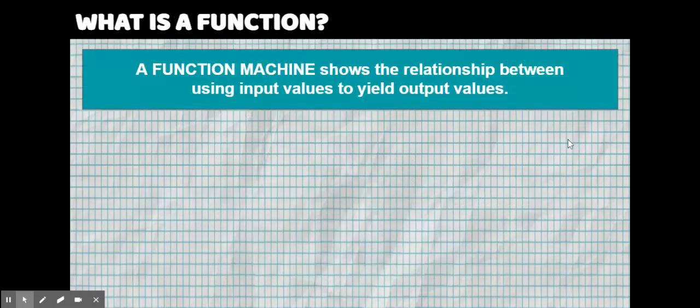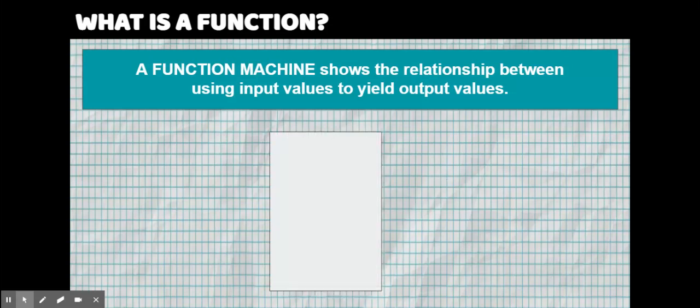So what's a function? Some of you might have heard in the past a function machine. This is something that shows a relationship, and a basic rudimentary machine, let's say it's a rectangle, and at the top of this machine, there is a place that you can put in values, and we call those input values.